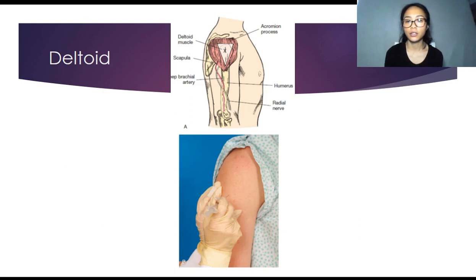We use the Acromion process as our anatomical landmark because then we want to go 2.5 to 5 centimeters below it. So looking at the image here, 2.5 to 5 centimeters below the Acromion process, and in an imaginary triangle, that's the site of injection.